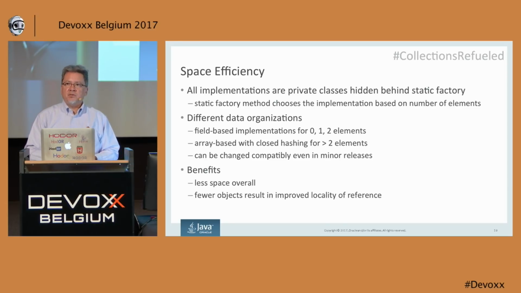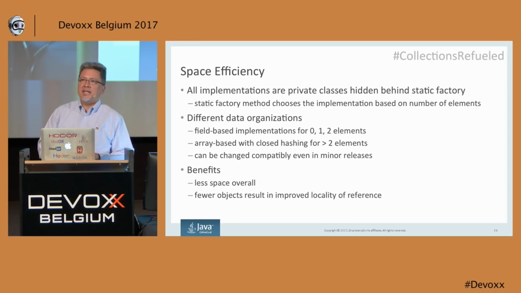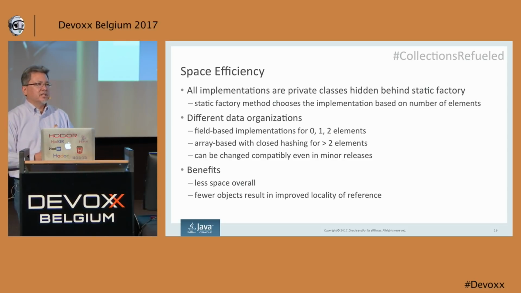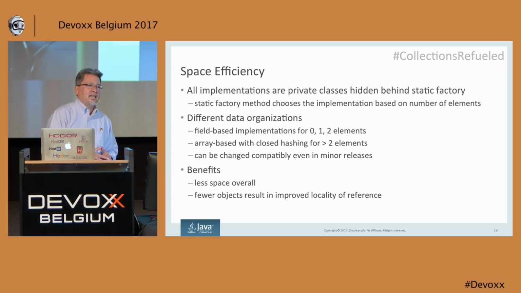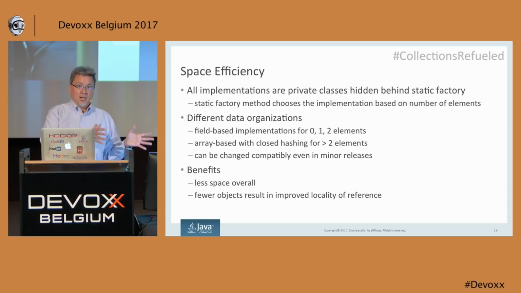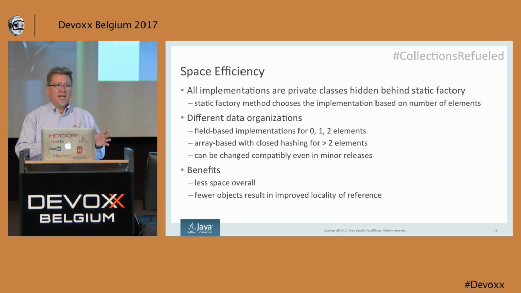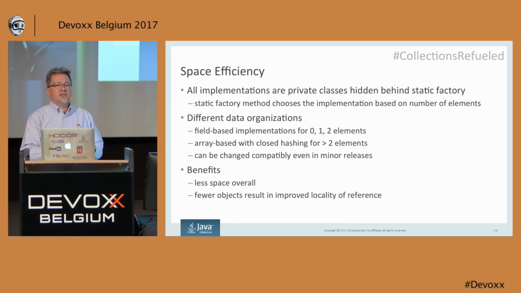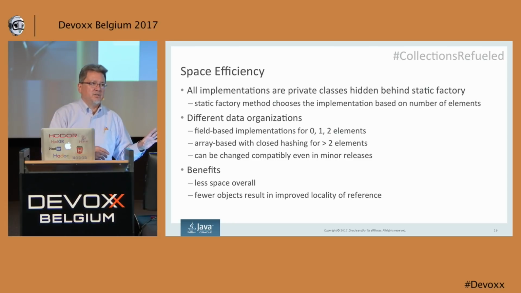One of the reasons we do that is that we choose different implementations for the collections based on the collection size. In particular, for list and set, if you have 0, 1, or 2 elements, we use specialized, extremely compact implementations that store only 0, 1, and 2 elements. They don't even store them in an array. And for map, if we have 0 or 1 mapping, those are also stored in fields. So that gets a very compact representation for those.